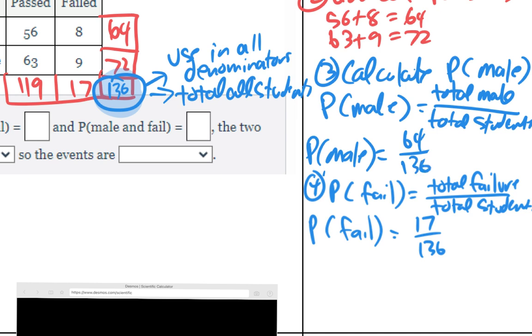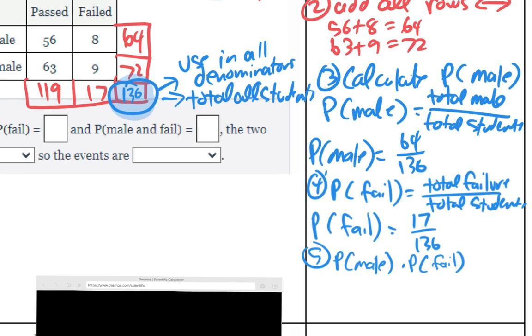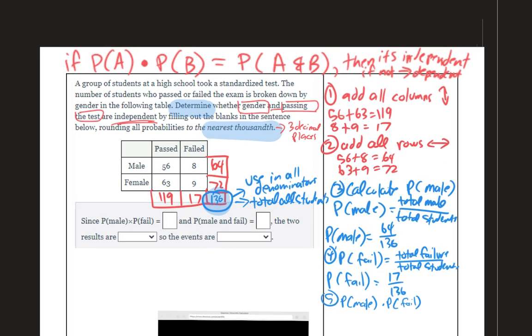All right, next, we're getting very close. The 5th step, we're going to find out the probability of male times the probability of failure. We're going to see if it's equal to the probability of being male and failing, right?